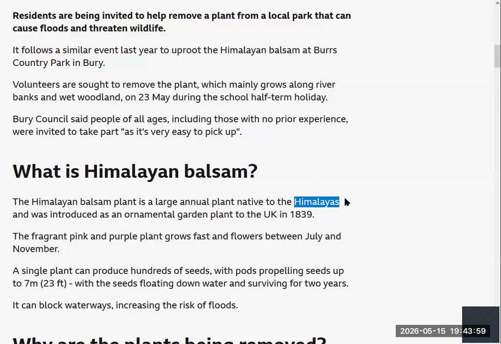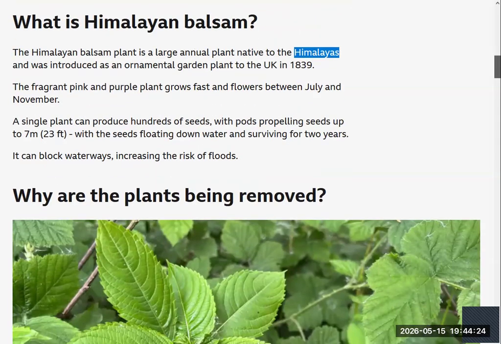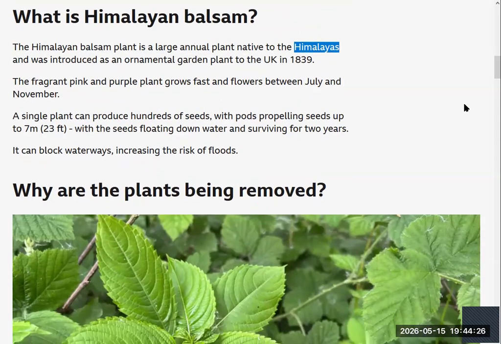I've heard a lot of people come back from India and say Himalayas. So there's different ways of saying it, and you may hear both ways. And at the beginning, I can see straight away you've got Himalayan, so you've got one version of the word there and another one there. So good luck. I'll scroll up a little bit and then you'll go. Over to you. What is Himalayan balsam?